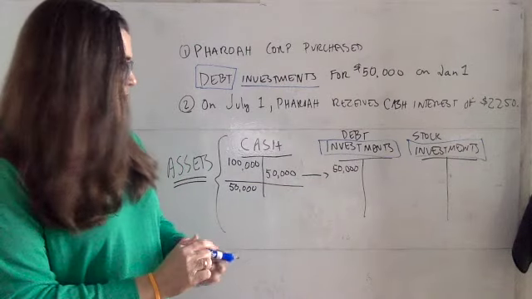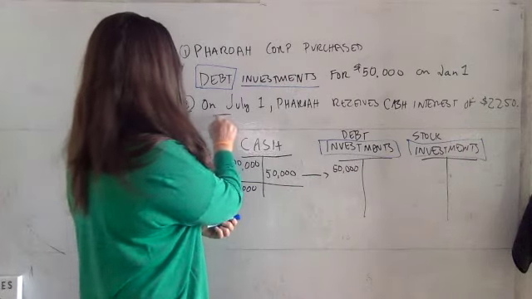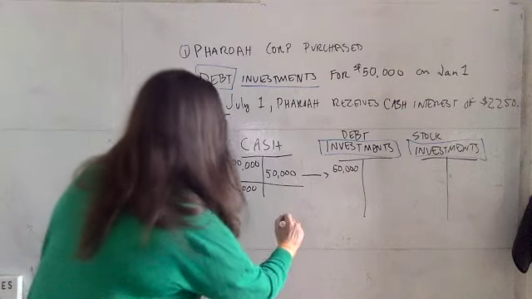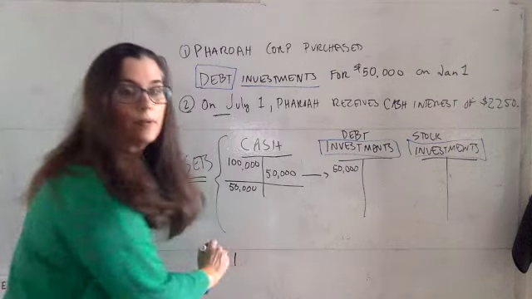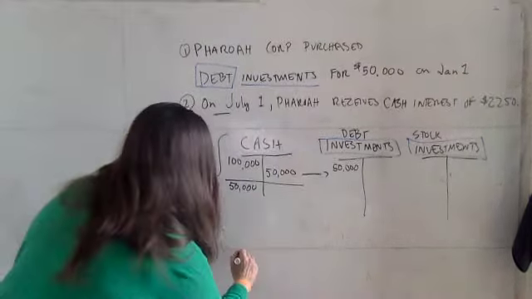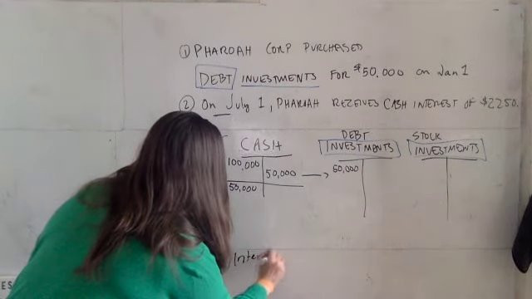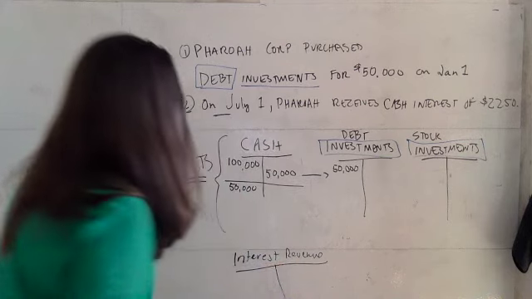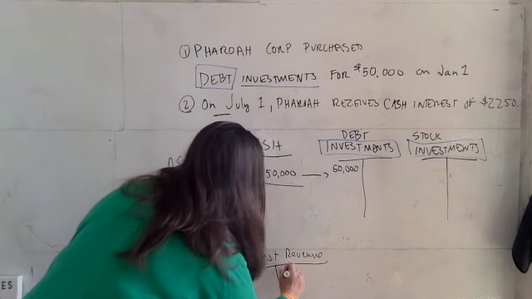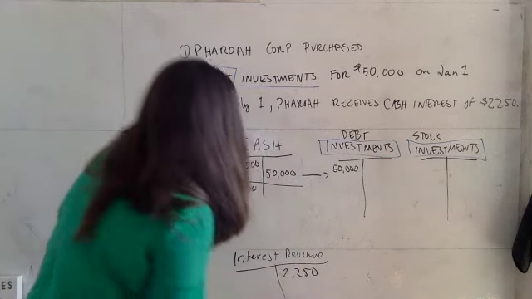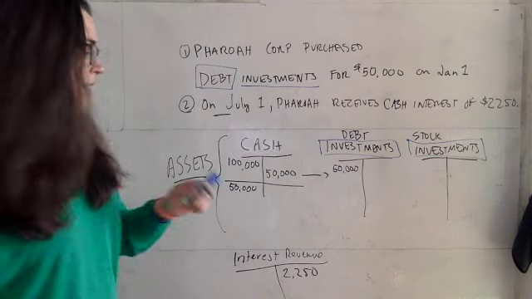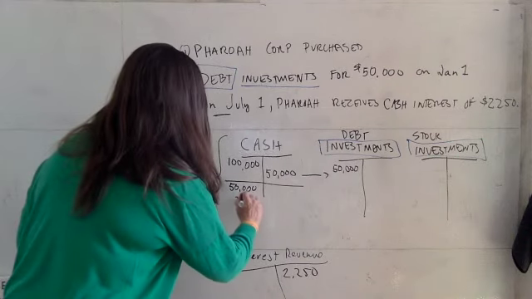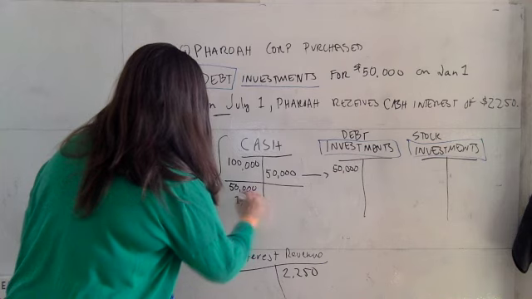So this journal entry gets at the idea that, and I'm going to put it down here, let me make sure that you can see. Interest revenue is going to increase by $2,250. And not only that, we're going to receive it in the form of cash, $2,250.